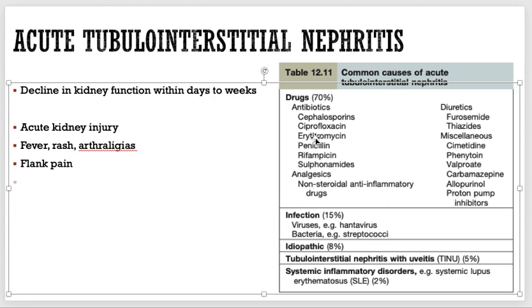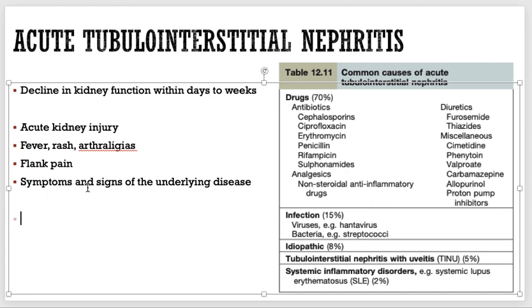Okay. And of course, if it is related to infections or systemic conditions, you will find symptoms and signs of the underlying cause or underlying disease, right. Of course, in SLE you will find the signs and symptoms of SLE. In hantavirus, hantavirus is the one which causes hemorrhagic fever.